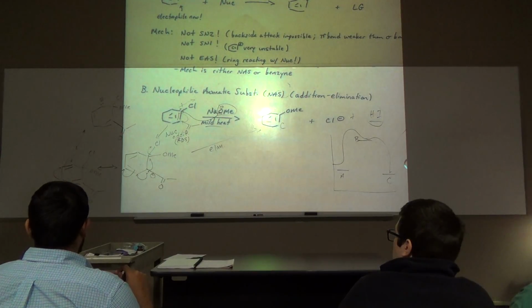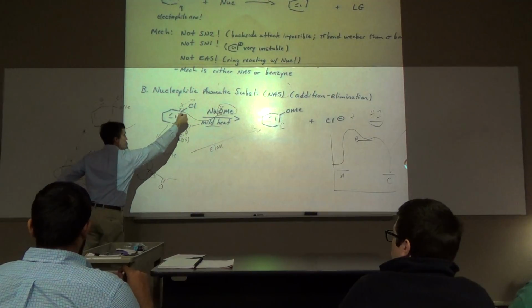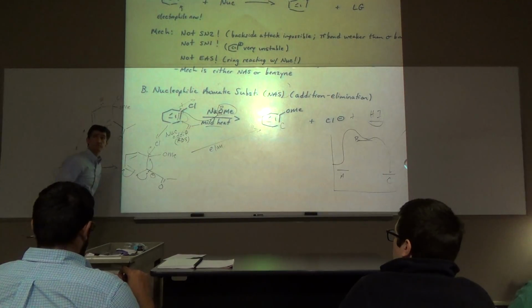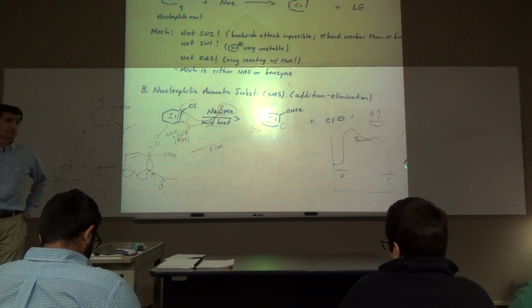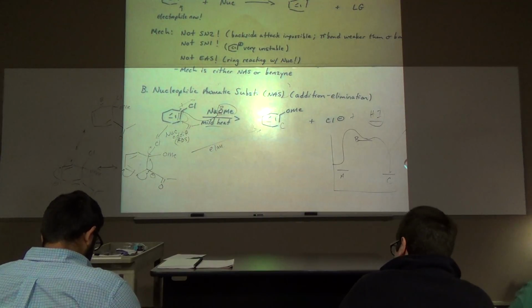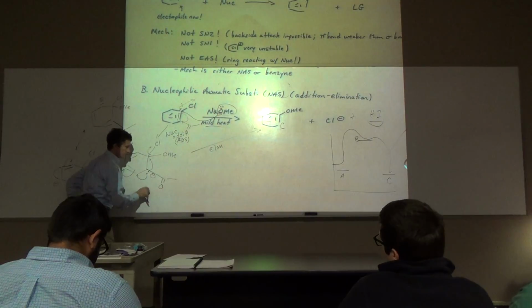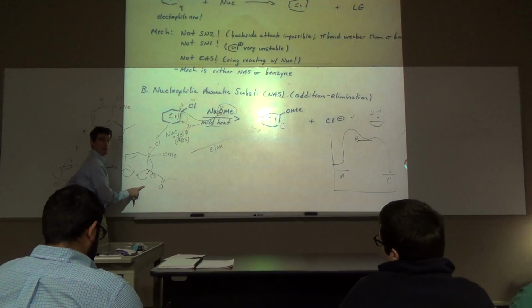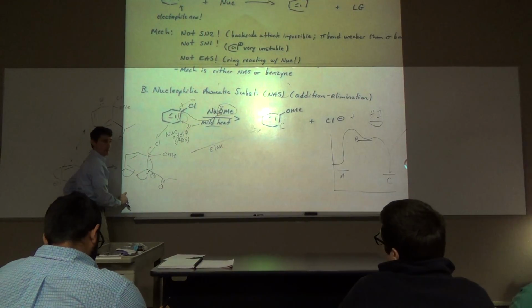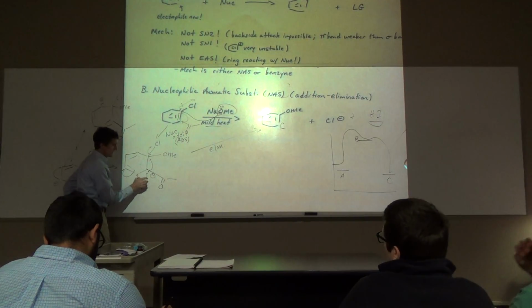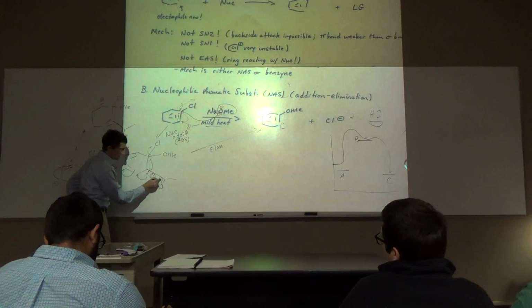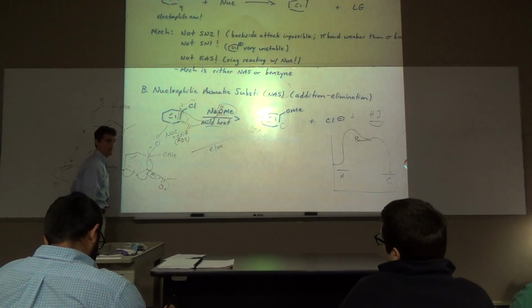If that is present, if this is the starting material instead, what is that? 2-chloroacetophenone? Ortho-chloroacetophenone? That will work. Why? Why does it give you, right here, an additional resonance structure? Everybody added the ketone? Now with your ketone added, can you draw an additional resonance structure? Now we can move the electrons in here and move these here.